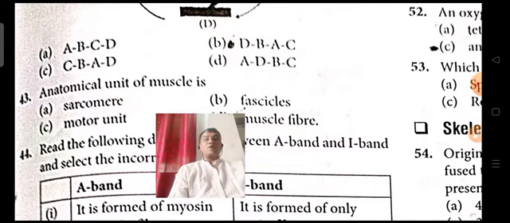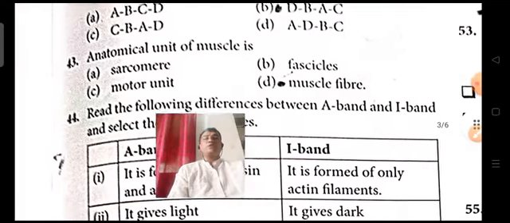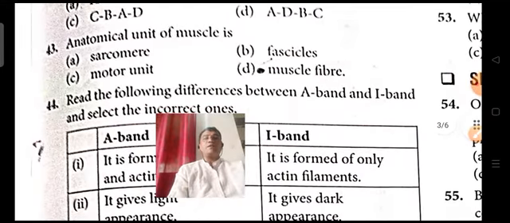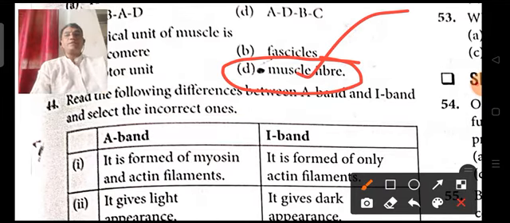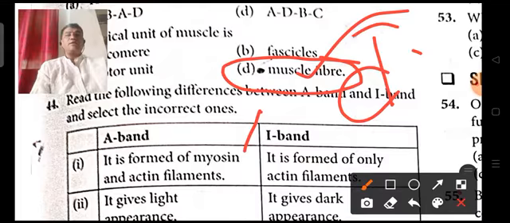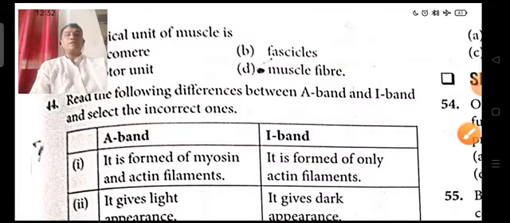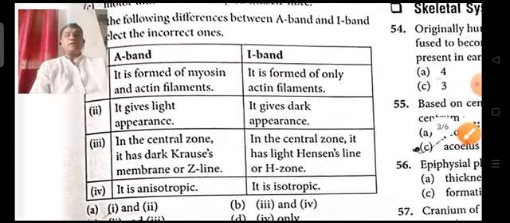Sarcomere is the functional and structural unit which forms the muscle fiber. So here muscle fiber is the anatomical unit of muscle. Answer is D.